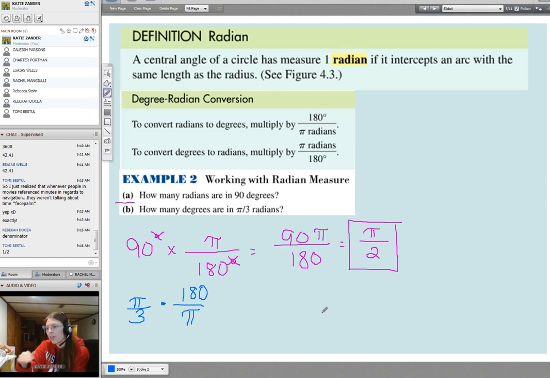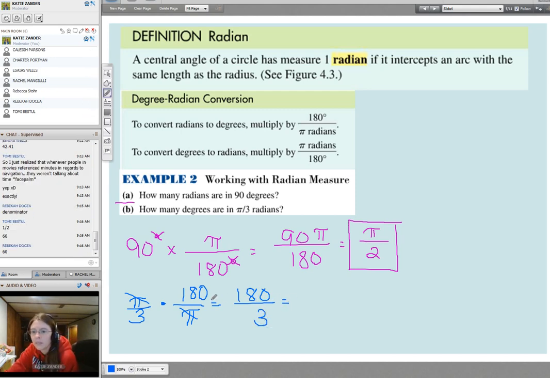So I know that the pi goes in the bottom, 180 goes in the top, and then you can cancel that out, look to see what you're left with, and simplify from there. What is 180 divided by 3? 60. And technically I need the little degree marking here on the 180. So 60 degrees is that conversion.